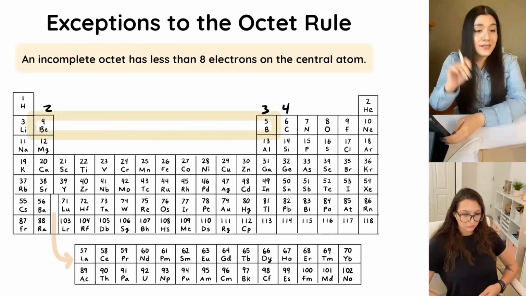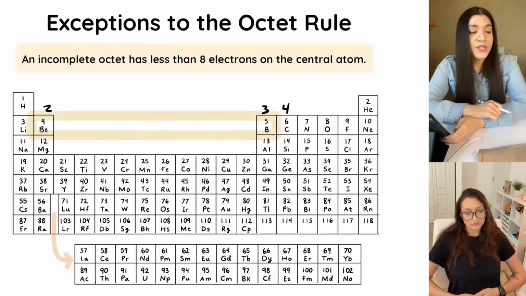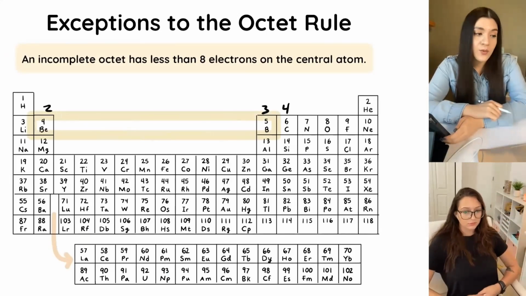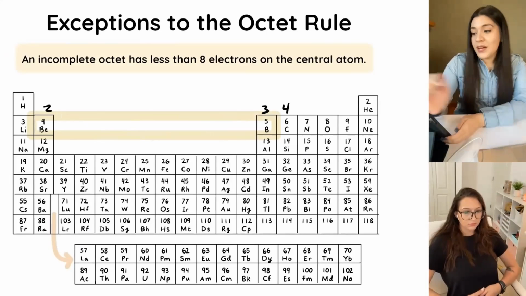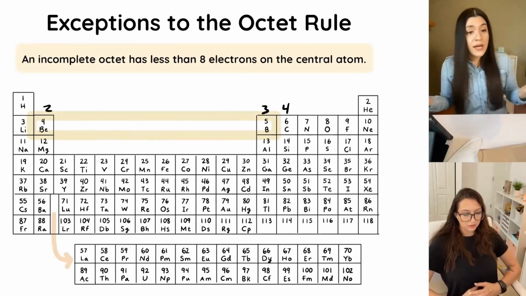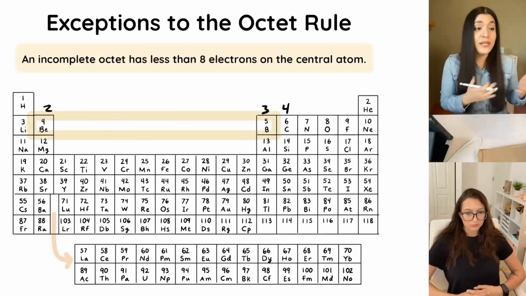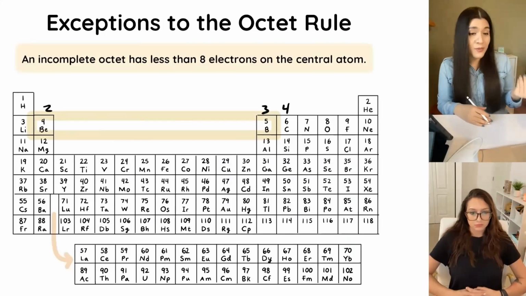The reason I highlighted boron and beryllium is because those are the most common ones. Those are typically the exceptions to the octet rule that you will see. Those are the main ones that they always use. Just know they're always going to have less than 4 valence electrons to begin with. That's how you know it's going to be an incomplete octet.